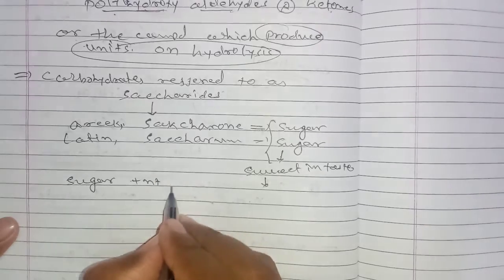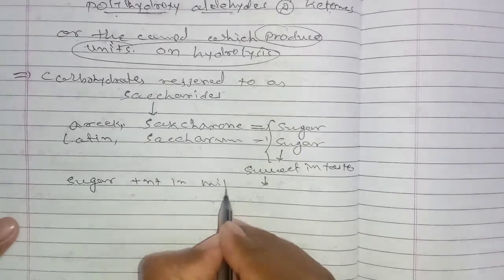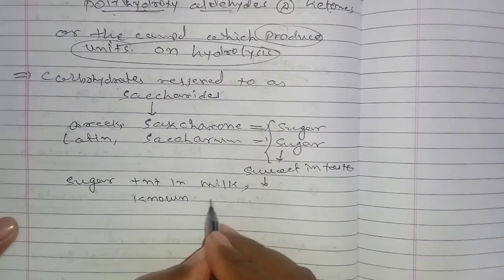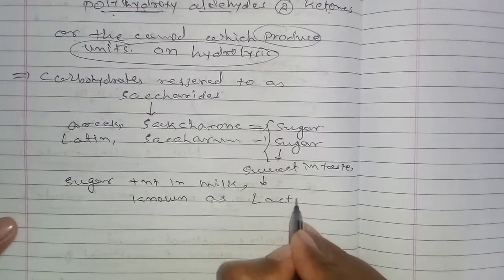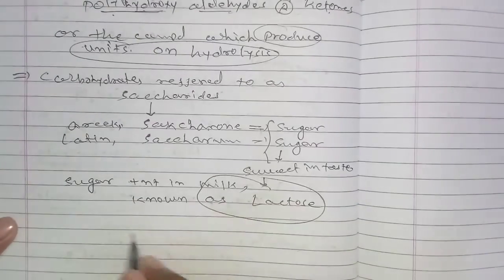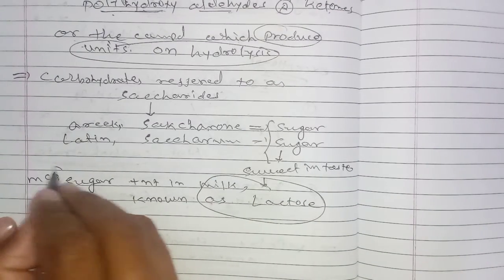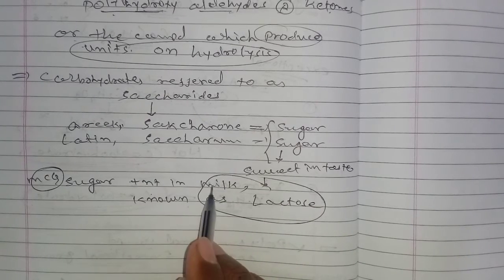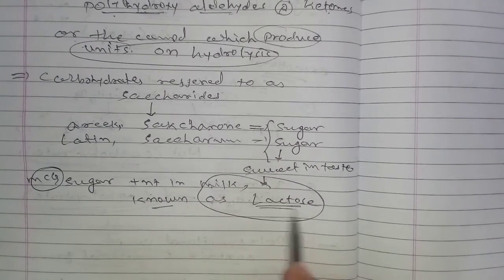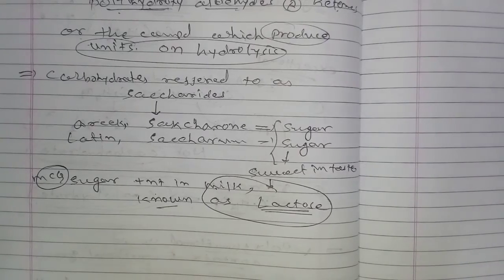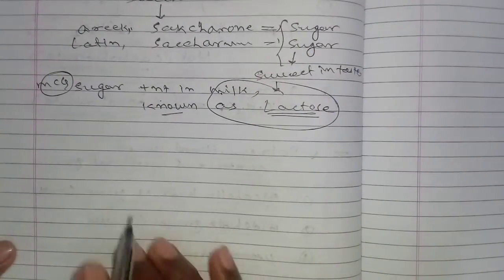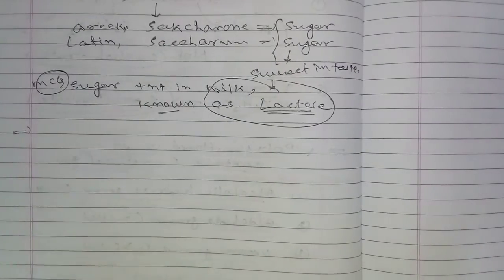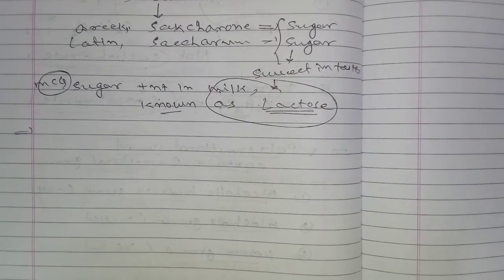The sugar present in milk is known as lactose, which is important for MCQ also. The simplest carbohydrates contain three carbon atoms.